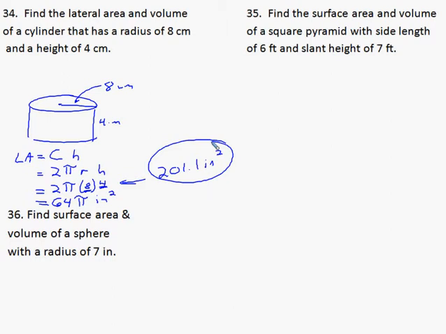We also want to find the volume. The volume for a cylinder is area of the base times the height. That's how you find the volume of a prism also. The area of the base is a circle, so the area is pi r squared times h. And so plugging in your values there, your radius is 8, that's squared times the height, which is 4. Multiplying that out, we get 256 pi.